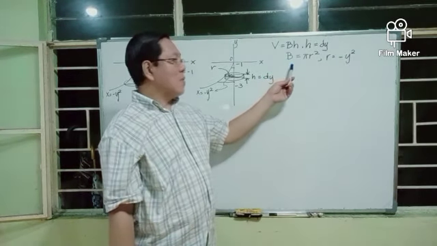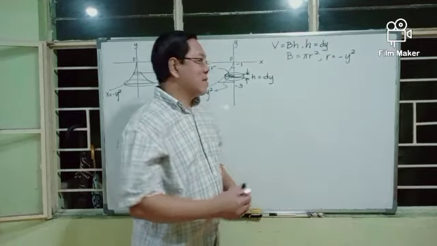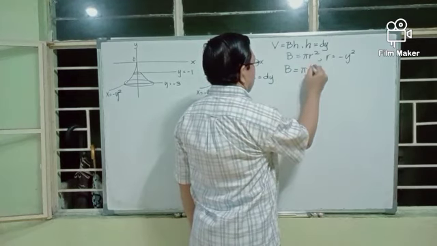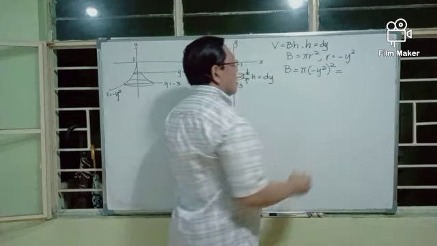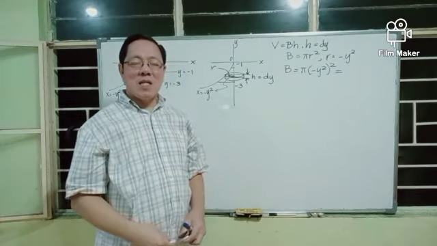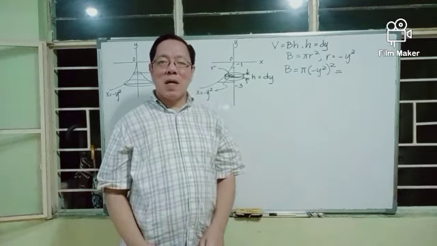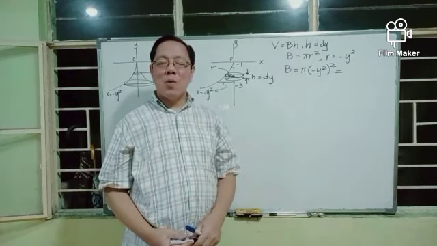Capital B now is equal to pi multiplied by the square of negative y squared. And the square of negative is positive, and the square of y squared is y raised to 4. And y raised to 4 multiplied by pi is pi y raised to 4.